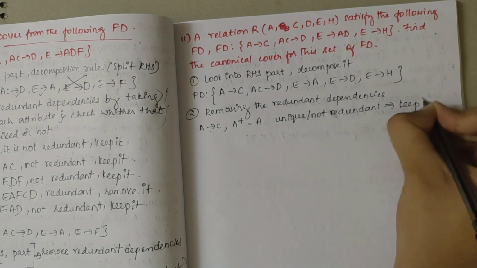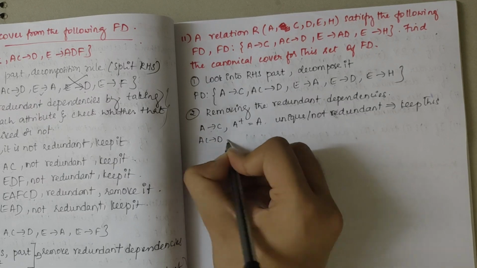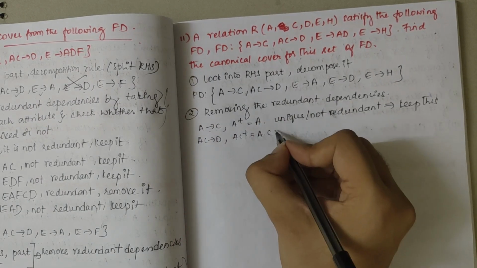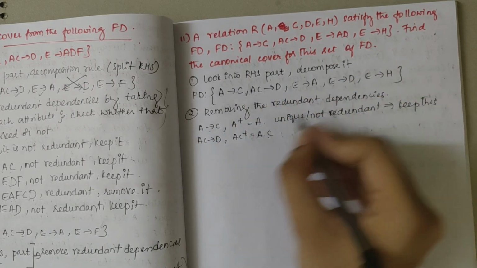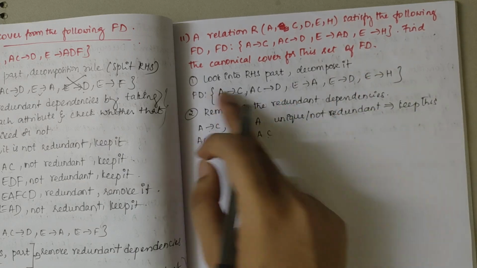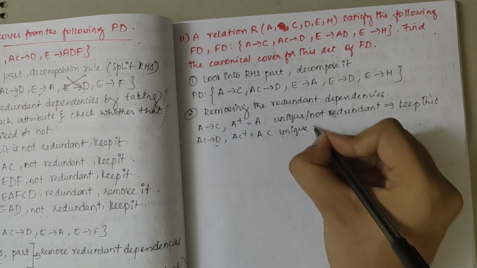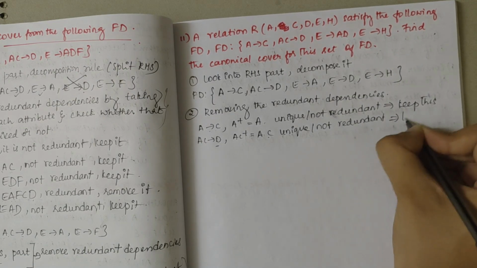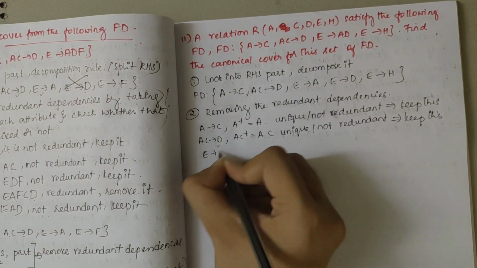I'll keep this. Next I have AC determines D. So I'll write AC closure. I'll write A and C first. A determines C. C is there already. And that's it. C determines anything? No. A determines anything? No. So this is also unique because I have not obtained the D here. So it is not redundant. Thus keep it.